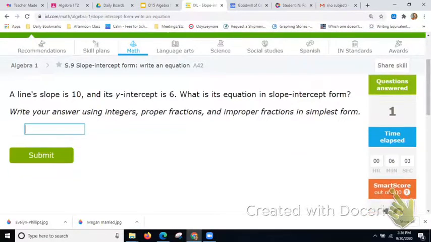So this time, a line's slope is 10. So y equals, the slope goes first in front of the x, and then plus 6, because that's the y-intercept. Not really a lot of math to do, just inserting those two things in the right position.